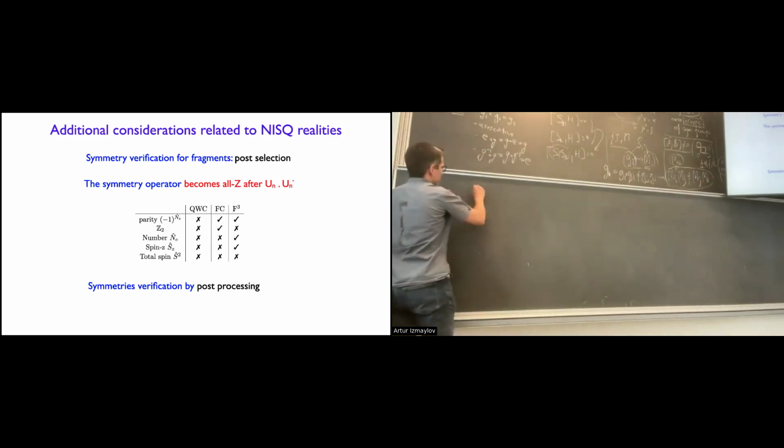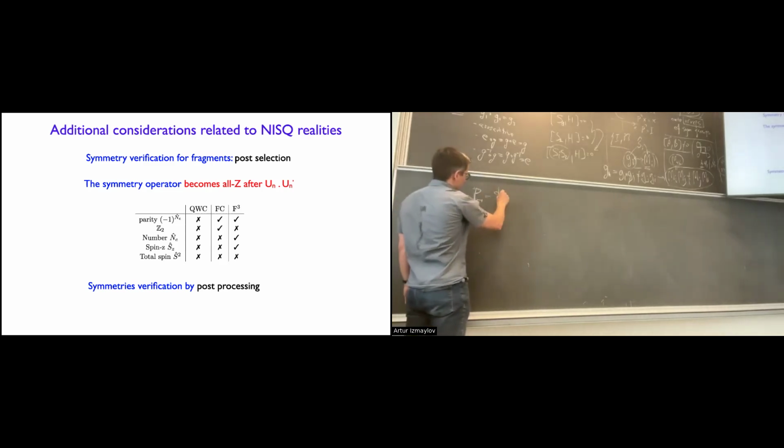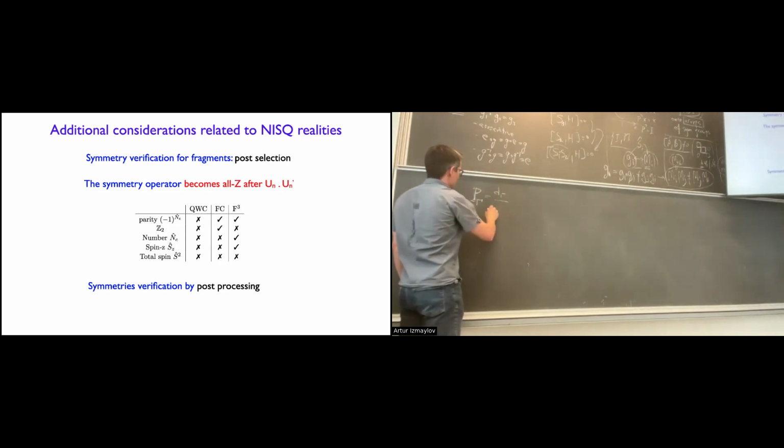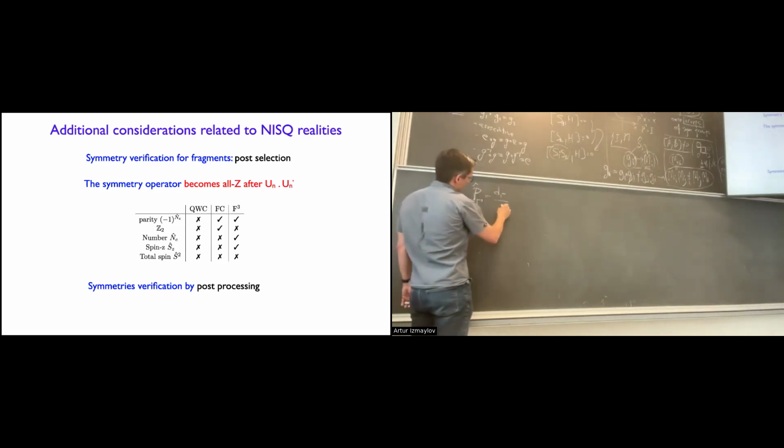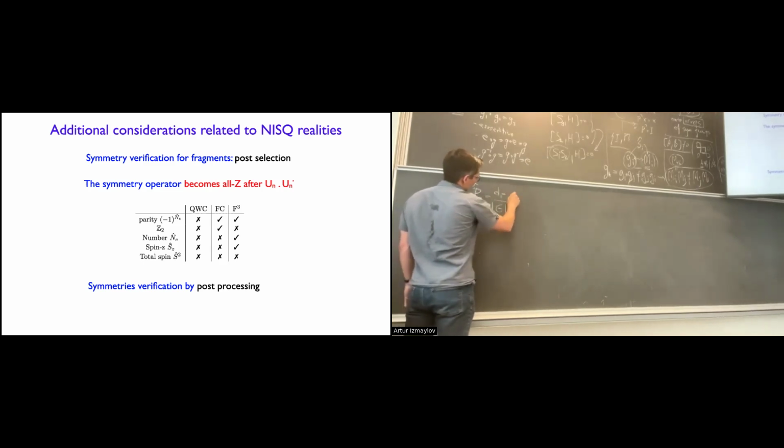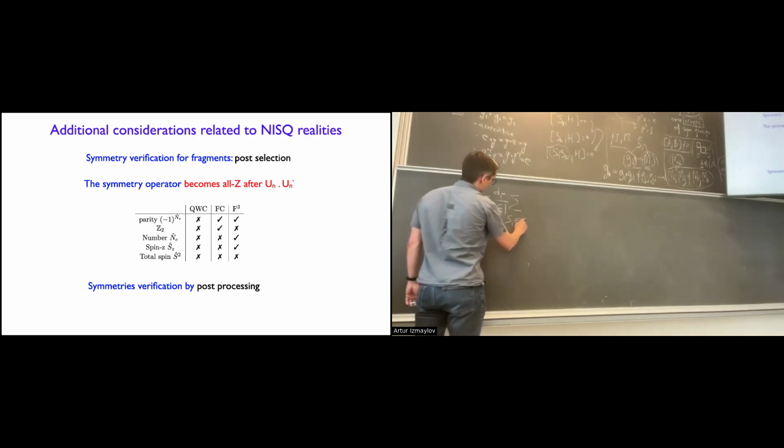Let me write down these irreducible representations. Usually we use gamma for the name of the different indices of the irreducible representation, and the projector is constructed like this: the dimension of the irreducible representation, over the number of elements in the group, sum over the symmetry elements inside the group.